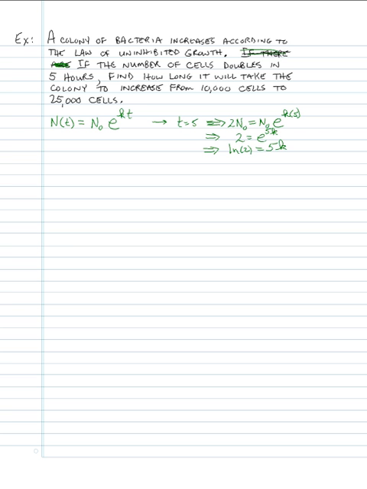Remember, it would be 5k times the log of e, but the natural log of e is 1. So what we end up with here is that k itself is the natural log of 2 divided by 5. That's the exact value.